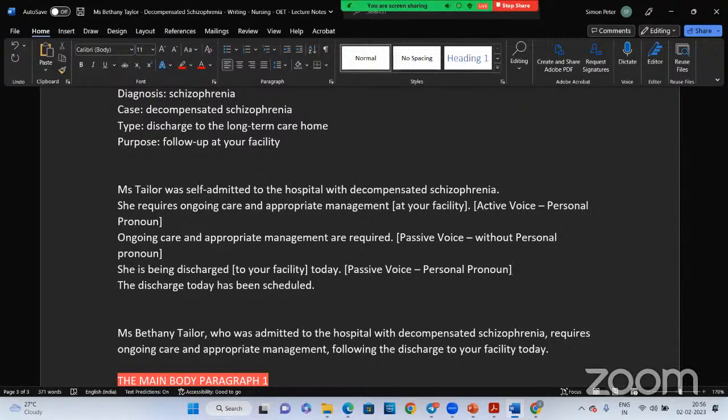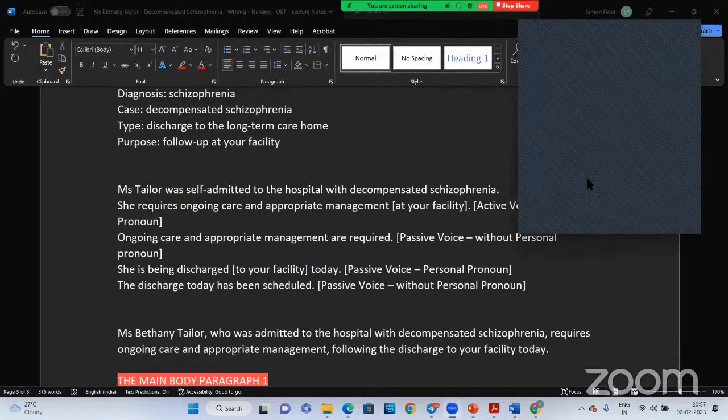This is also passive voice, but without personal pronoun. So try to understand this. So this is how you are going to write. There are many different styles you can write. So this is the nursing letter.